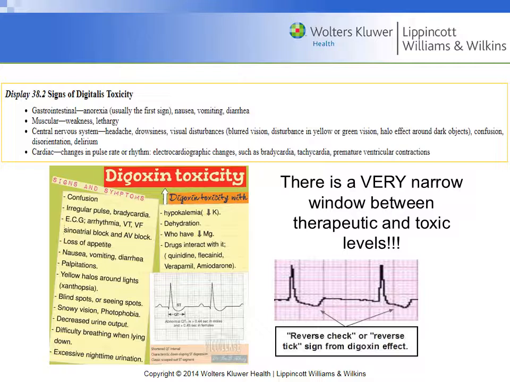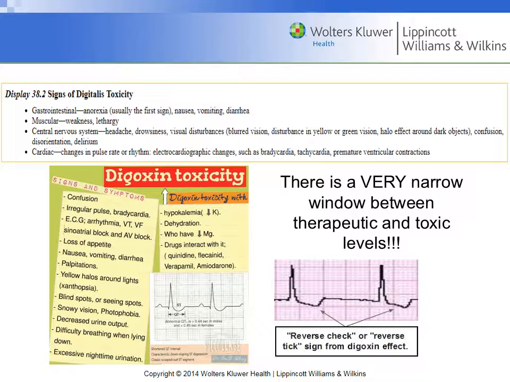Definitely, if we have a low potassium, we are going to be at increased risk for digitalis toxicity. If they're dehydrated, if they're on any number of medications, we could have increased risk of digoxin toxicity. As far as monitoring them, you may be able to see a possible link for toxicity if you see the inverted or depressed ST segment.